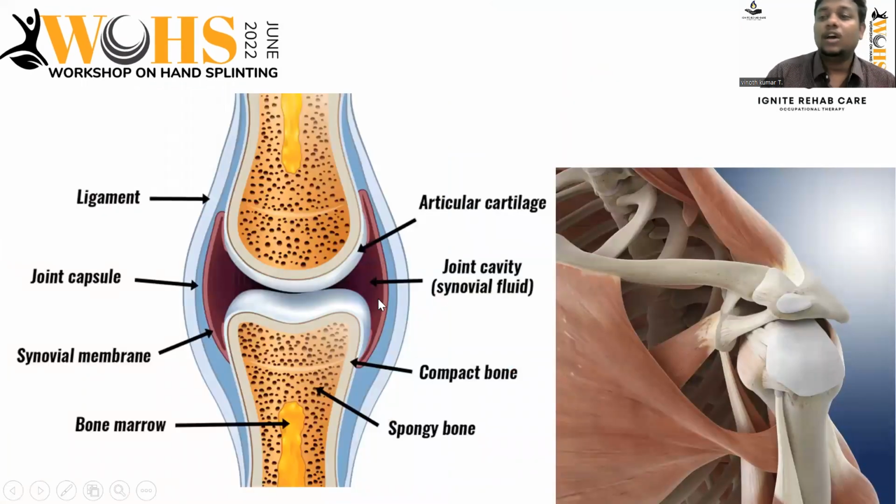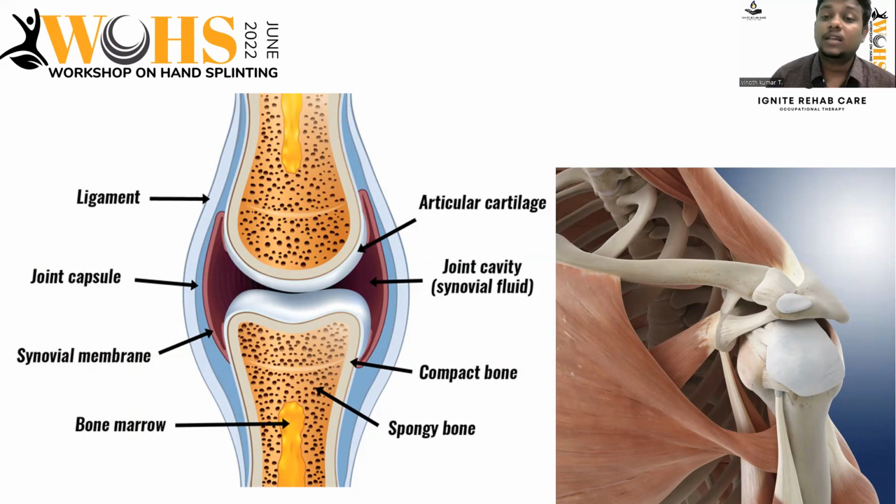Also, you should know the articular and joint structures, like articular cartilage, joint cavity, capsule, ligaments, and synovial membranes. These will help you understand which joint structures are available. Putting extra effort on these joint structures will damage them.